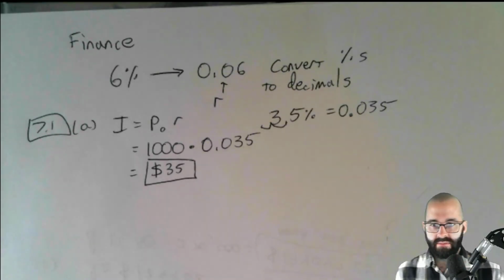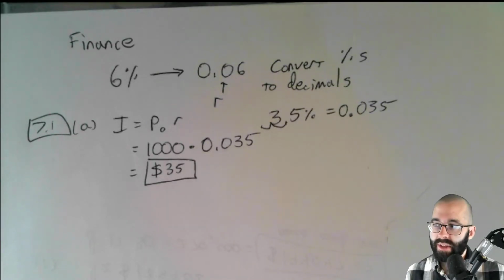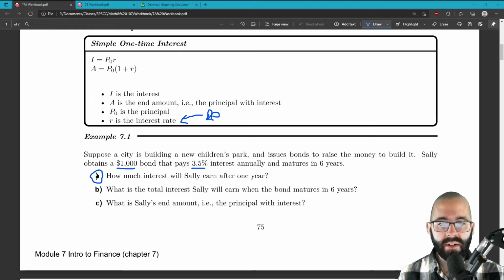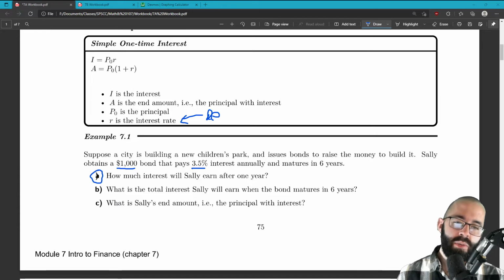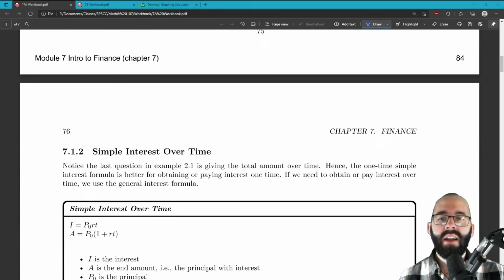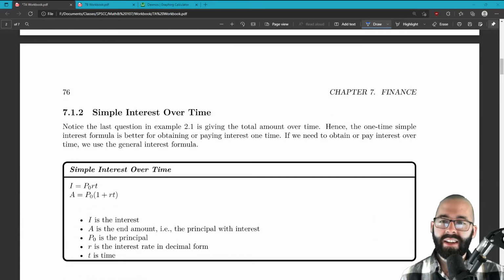Now, things can get a little more complicated with interest if we do things year after year. So in part B, what are we looking at? What is the total interest Sally earns when the bond matures in 6 years? Well, now she's making 3.5% again, and 3.5% again, and 3.5% again.